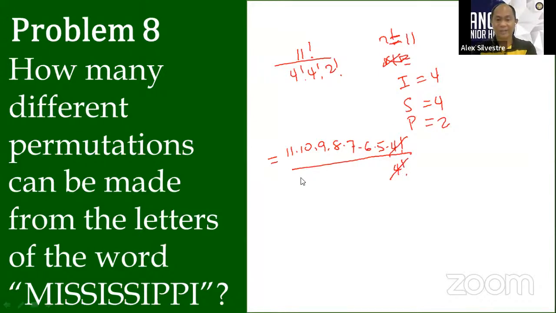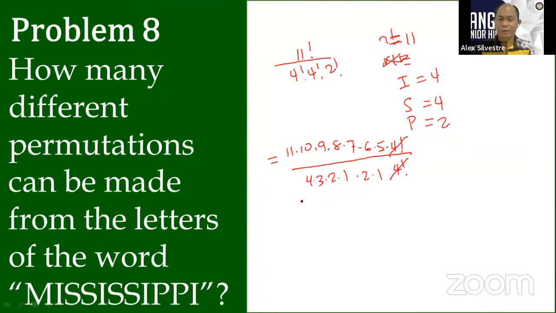Ngayon, yung isang 4 factorial na titira, ang gagawin natin ngayon is we have to expand. Okay? So, i-expand natin. Ibig sabihin, magkakaroon tayo dito ng 4, 3, 2, and 1. Now, we have also our 2 factorial, so that is also 2 times 1. Yung isang 4 factorial, pinantay na natin doon.